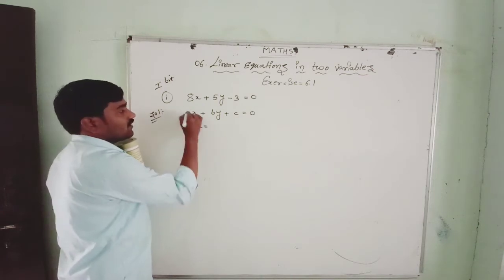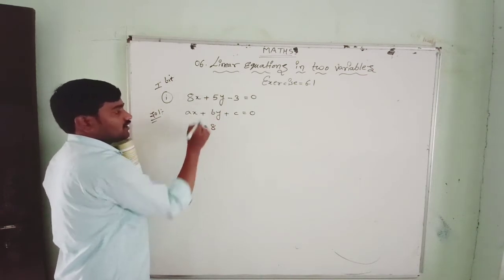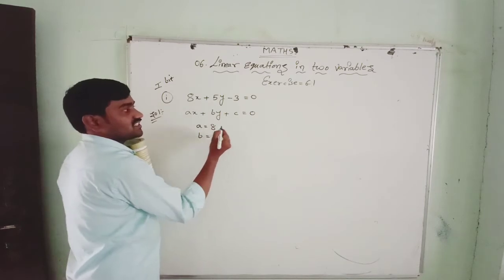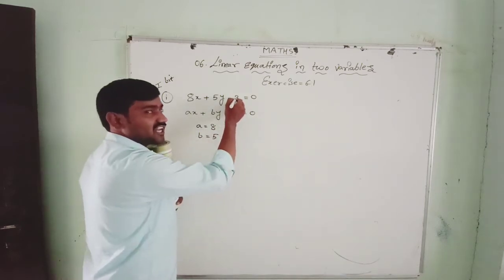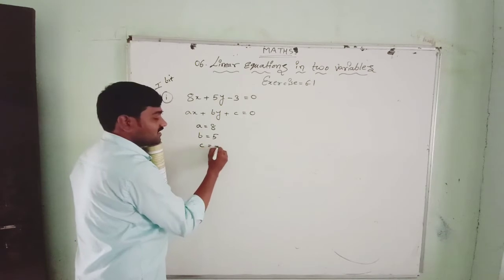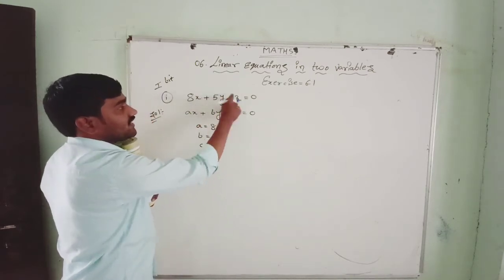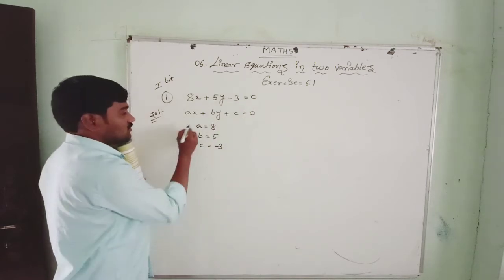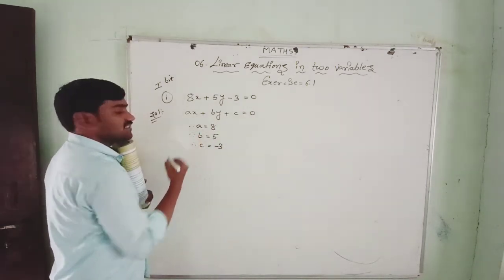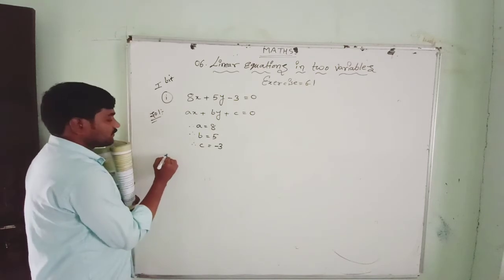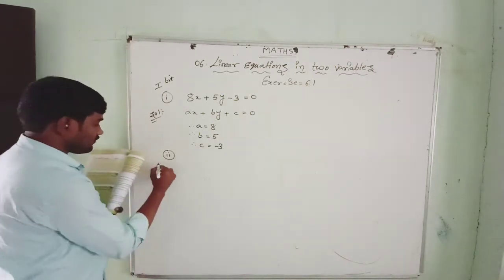Here a equal to 8, b equal to 5. What is the c value? c is not 3, it is minus 3. We have to look at the symbols also. If there is a minus here, we have to write those values clearly. Here we got the a, b, c values. Now next we go for the second question.